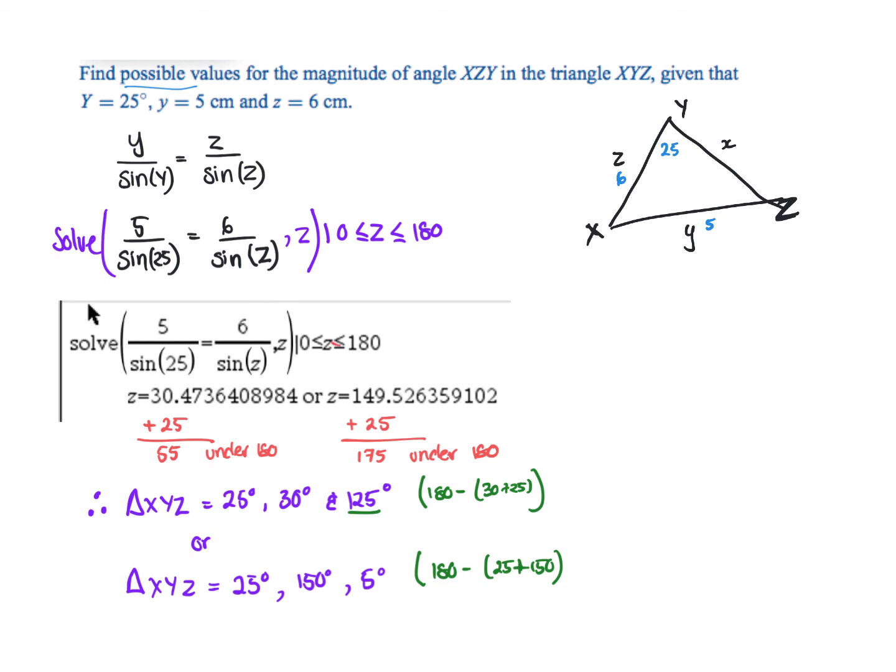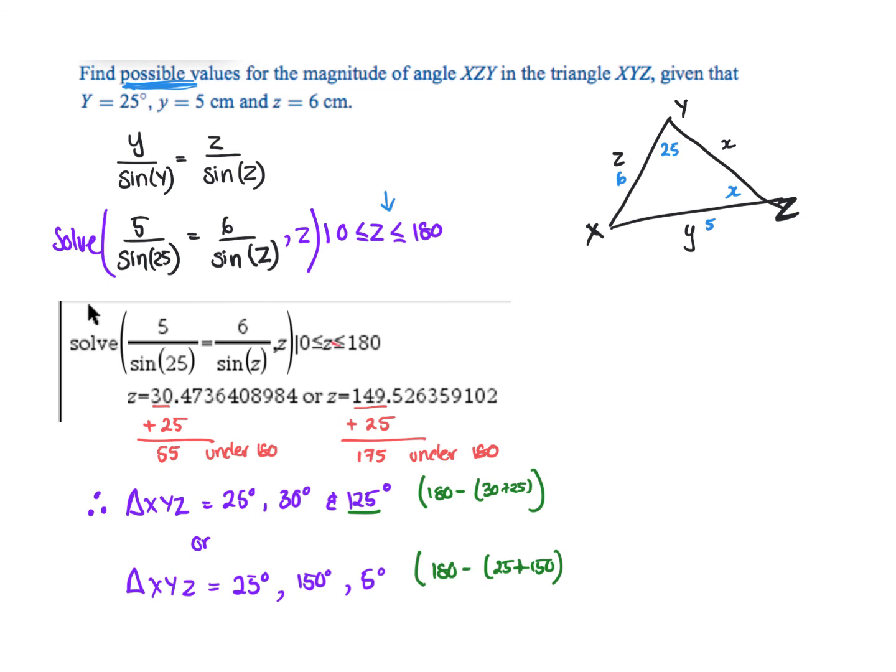So that means they wanted z, and given the word possible, there's probably going to be more than one. So we pop it in and we use our restriction, and I did it there, and you can see now both options are going to work because one option's 30 and one's 49, and if we've already got 25, they're still both under 180.